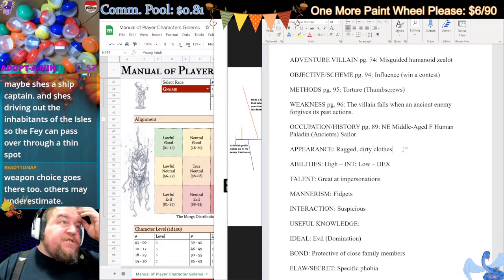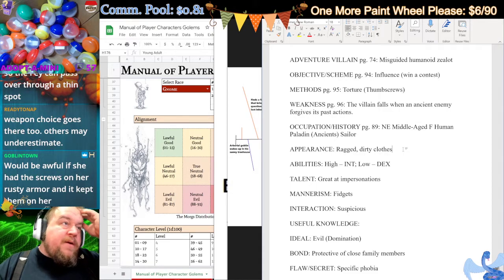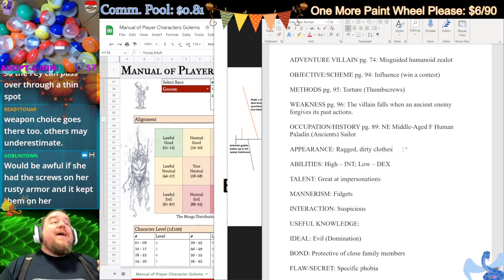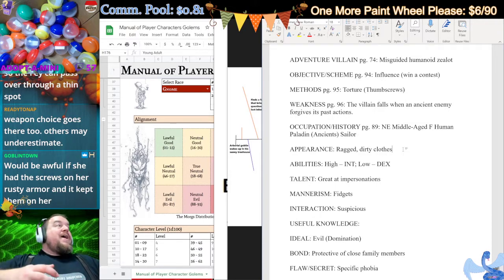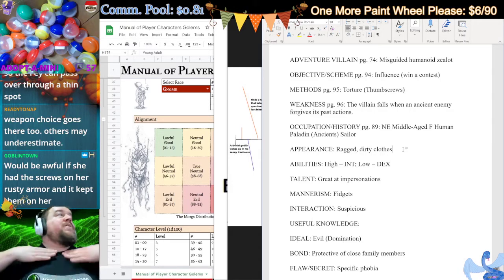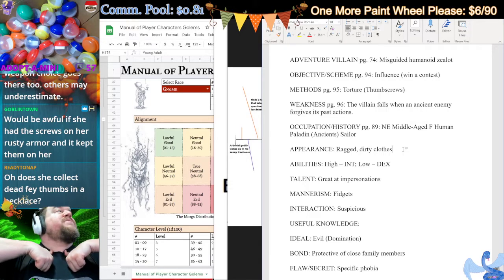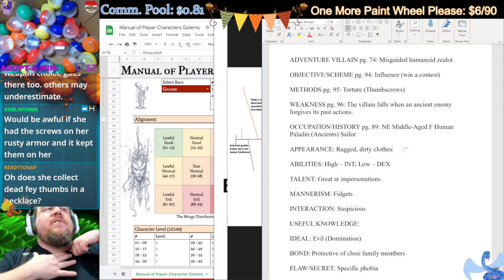Maybe she's a ship captain, and she's driving about the inhabitants of the Isles so the fae can pass over through a thin spot. Would be awful if she had the screws on her rusty armor. Oh yeah, so like catch a pixie, and then hang the pixie by its thumbs, almost like a holy symbol that she wears.